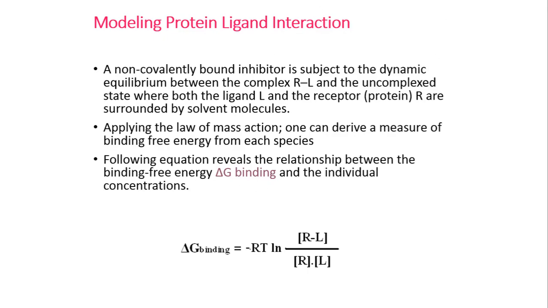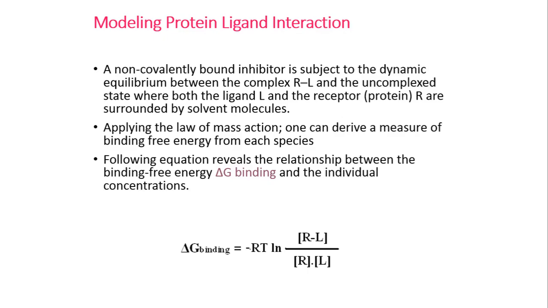Another state can be the uncomplexed state, where both the ligand as well as the receptor, which usually is a protein, are surrounded by solvent molecules. So if you have a protein-ligand system, this system can either be in the form of separated protein and ligand, or in the form of protein-ligand complex.